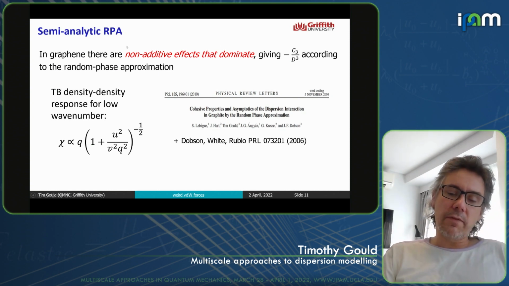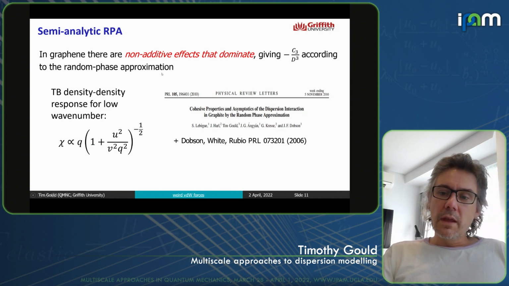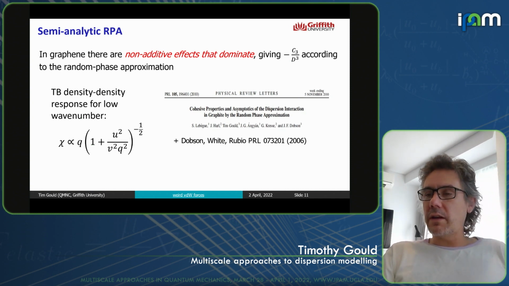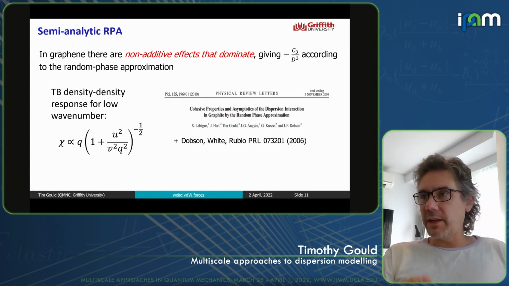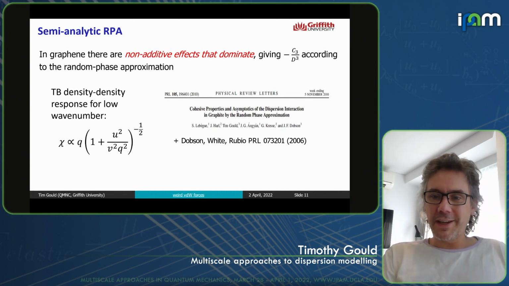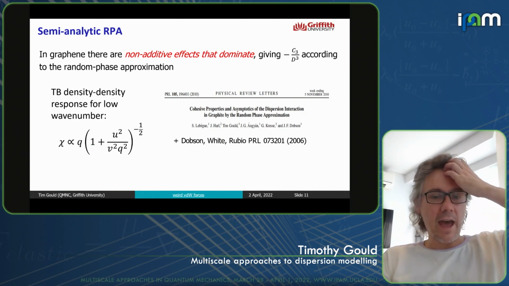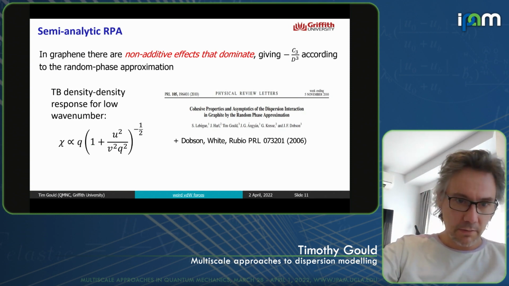So we can go back to the random phase approximation, but rather than solving it in full, we can recognize, and of course, this has already been raised in a couple of talks so far in this meeting, that tight binding physics, in a sense, can become relatively exact in certain limits. And there are pretty strong arguments that a tight binding model of the response of, say, graphite or a metal also becomes relatively exact for dispersion interaction.